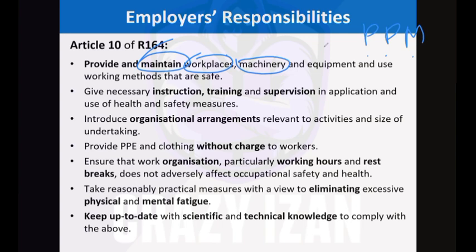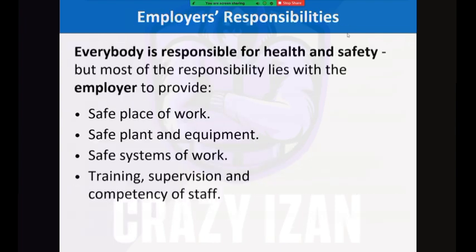So the employer is breaching the law, is breaking the law. So that is why we need to make sure that he has adequately maintained workplace machinery and equipment, and also uses working methods that are safe as well. So these are the employer's responsibilities. Then Article 10 of R-164 says that the employer must give necessary instructions.